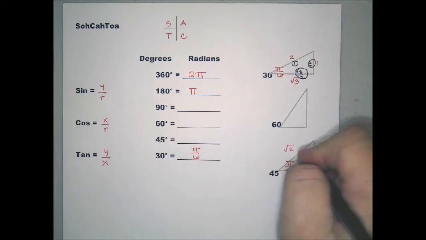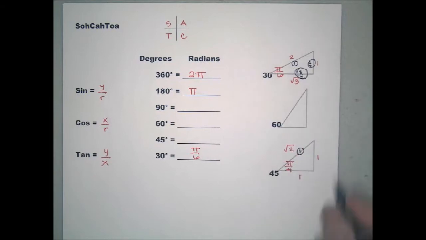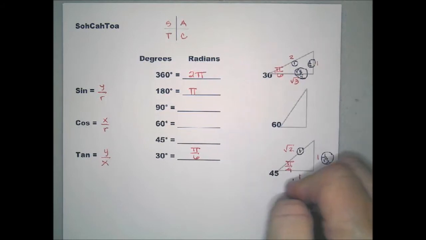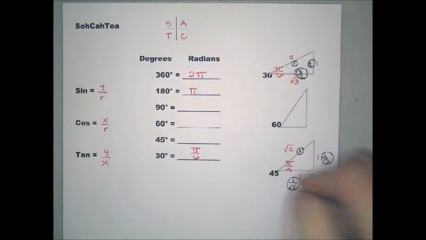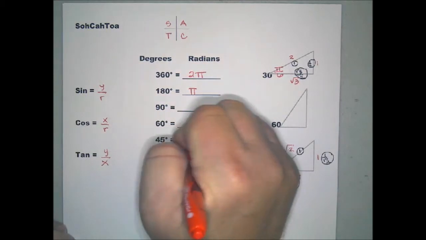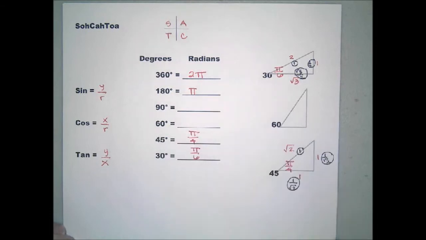But if it was placed in the unit circle, the hypotenuse would be the radius, and it would be 1. This would be 1 over root 2. And this would be 1 over root 2. I know by now you have all of this in your notes, probably in several places. So the 45-degree angle is pi over 4.